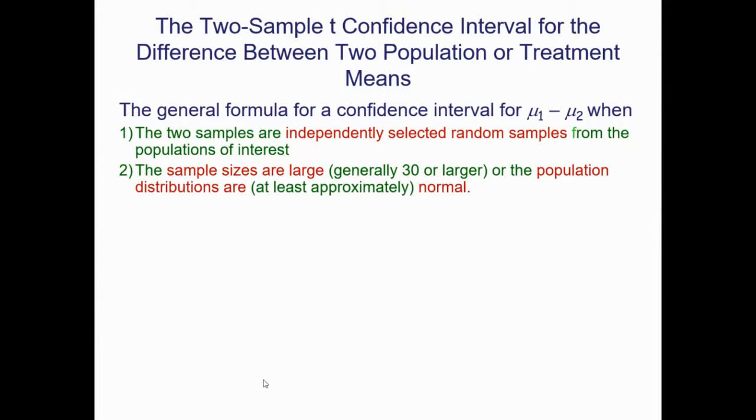That's where our box plots come in, and we say they're symmetric, so we can assume normality. It either has to already be large or be approximately normal. If these hold, we can find a confidence interval using this formula.